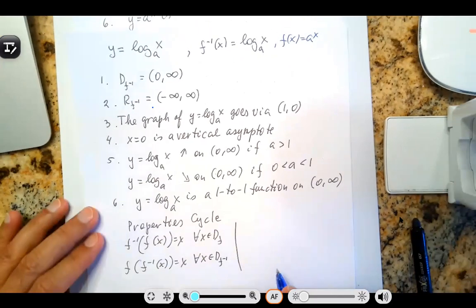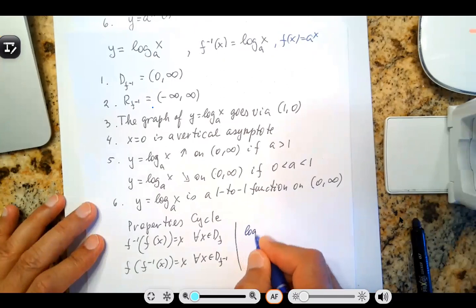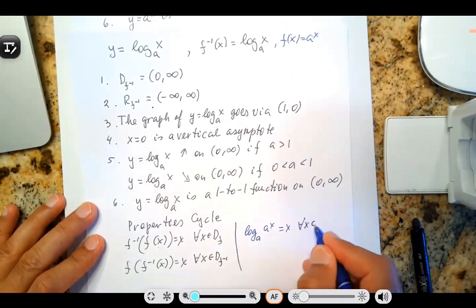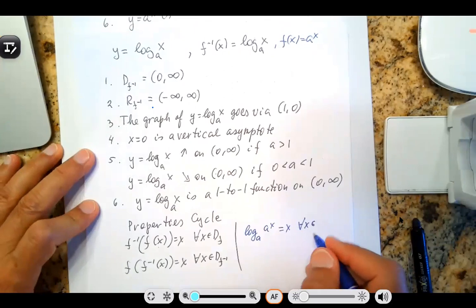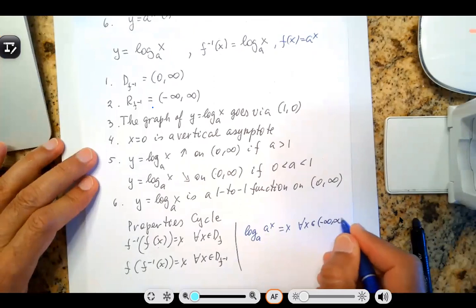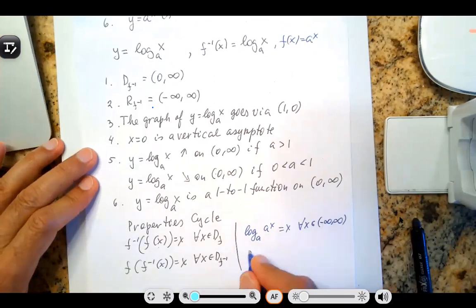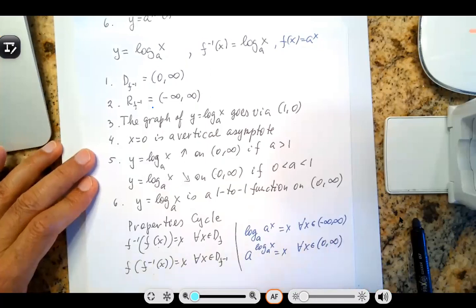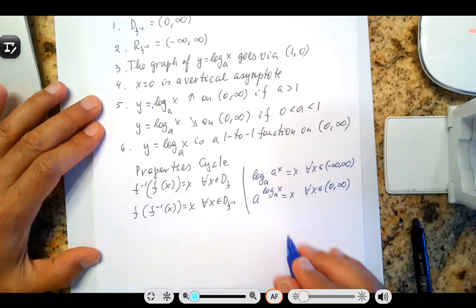So the inverse, logarithm base a, of a to the power of x equals x for any x from the domain of the original a to the power of x. The domain of the original is all real numbers. The second one, a to the power logarithm x base a equals x for any x from the domain of the logarithmic function, 0, infinity. So those are the cycle properties.